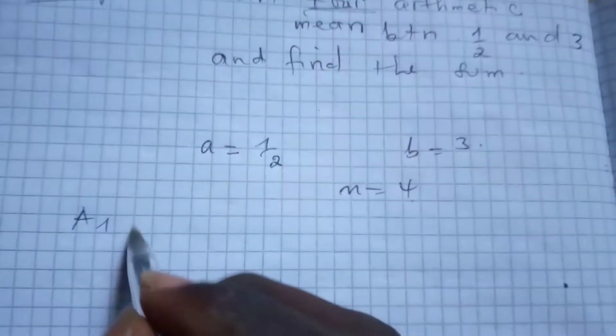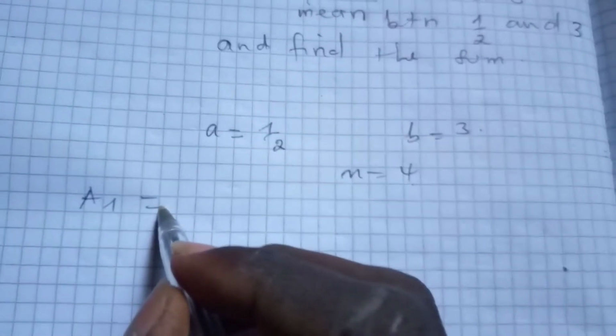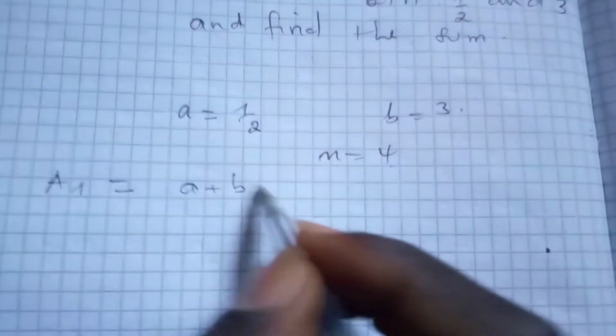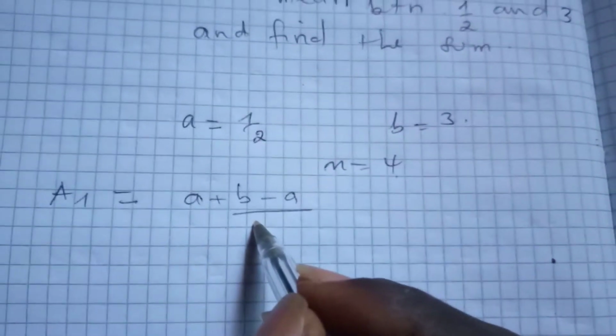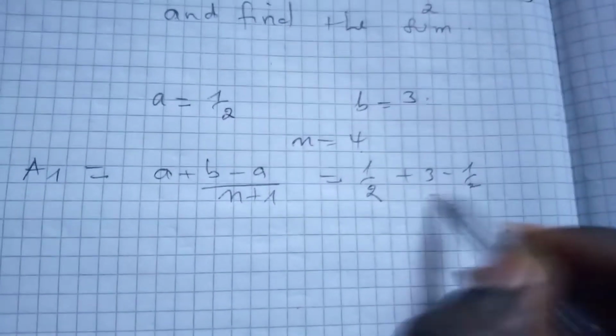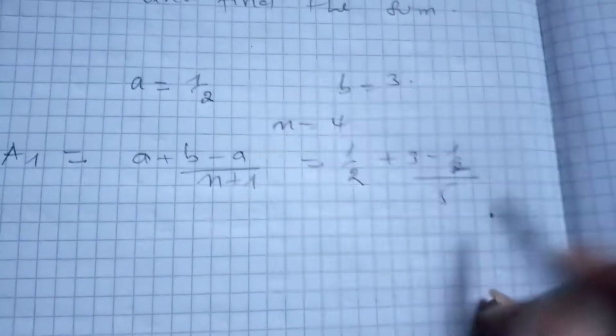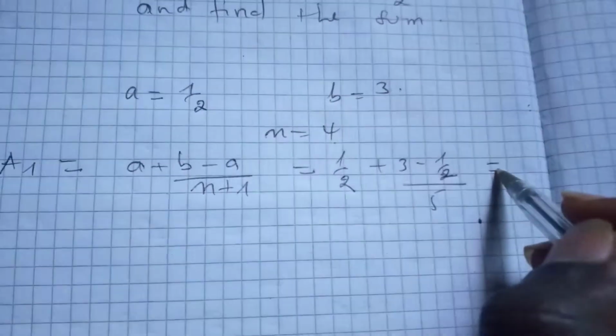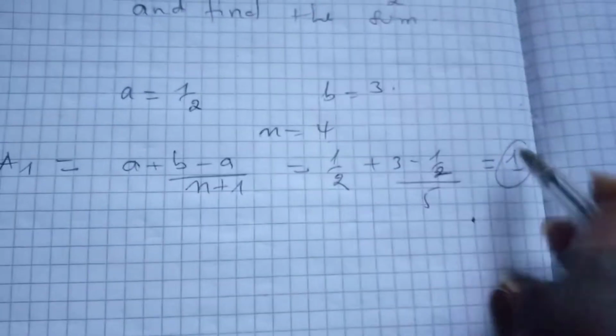So A1, starting from the first arithmetic mean, will be equal to A plus (B minus A) over (N plus 1). This will be equal to 1/2 plus (3 minus 1/2) over 5, and this will be equal to 1.